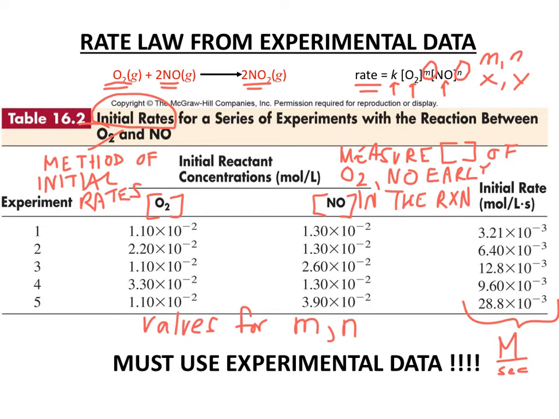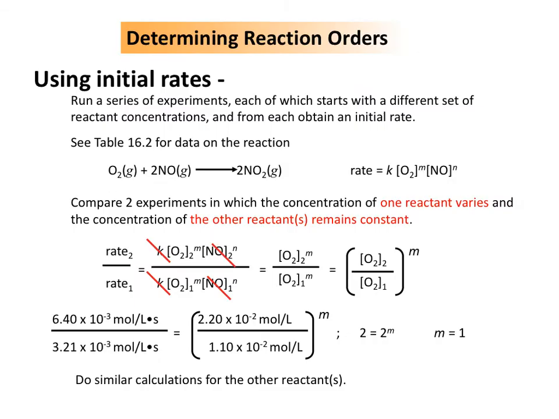The textbook actually has some of it already worked out, I believe, in the next slide. So yes, in this slide, they've already shown you how they have worked out at least the value of M. In this case, they have figured out the value of M, right here.